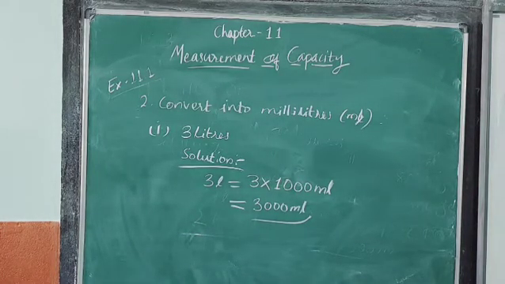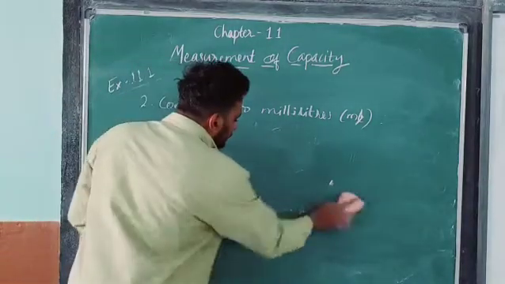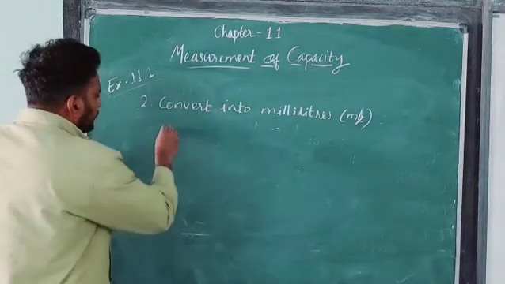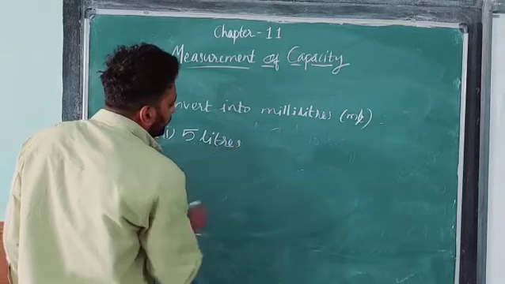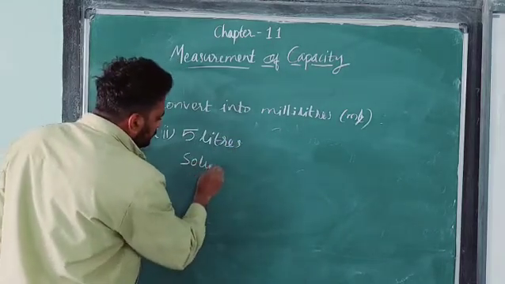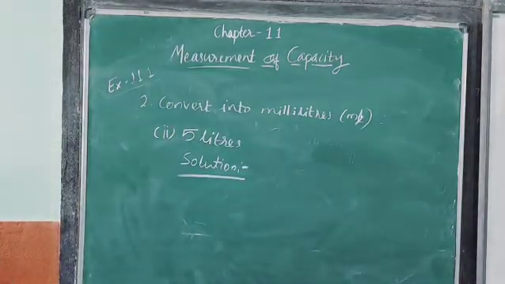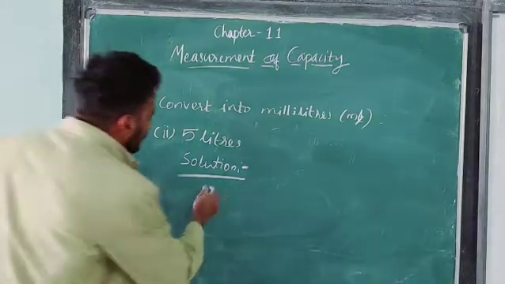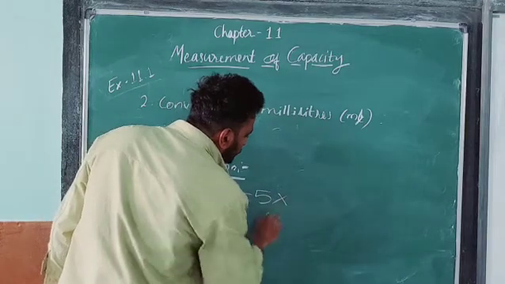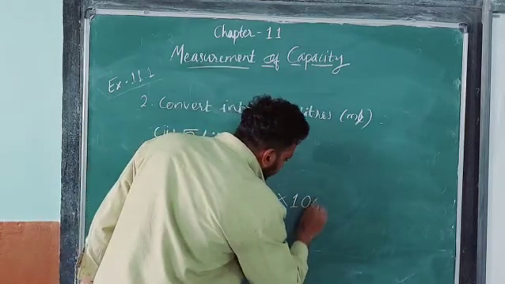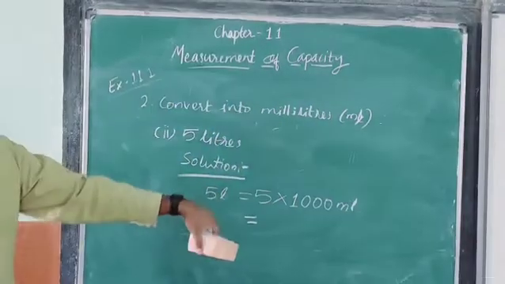Okay. So next question is question number 2, 5 liters. We have to convert 5 liters into milliliters. How to convert 5 liter into milliliter? 5 liter is equal to 5 into 1000 ml.